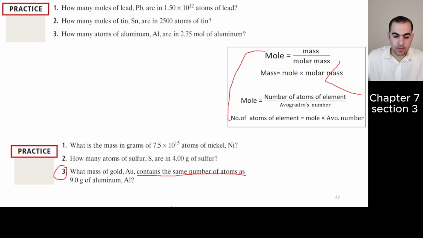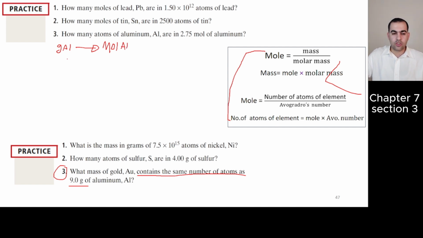So 9 gram of aluminium, we're going to change to mole of aluminium. Mole of aluminium and mole of gold are the same. Why? Because it says the same number of atoms. So first, we change gram of aluminium to mole of aluminium, because mole of aluminium and mole of gold are the same.